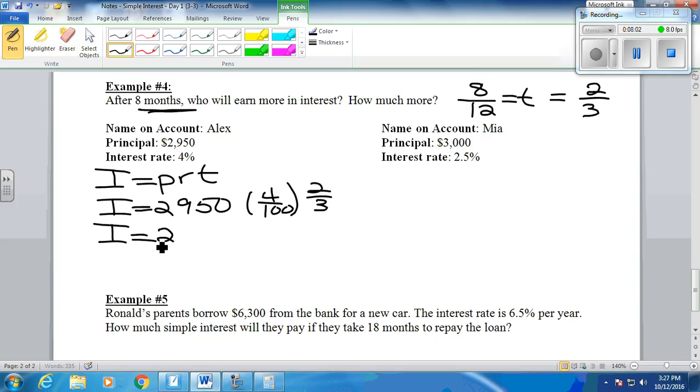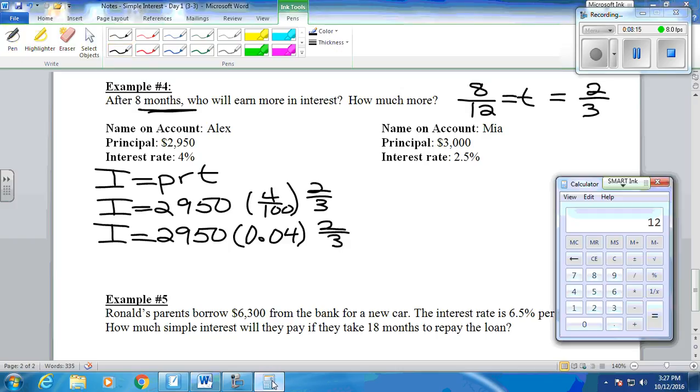So again, I have 2,950. 4% is the same thing as 4/100ths. And since 2/3 is a repeating decimal, I'm just going to leave that as a fraction right now, and I will show you how I would enter this into my calculator. I would start with doing the 2/3, which is 2 divided by 3. And as you can see, it gives me a repeating decimal.